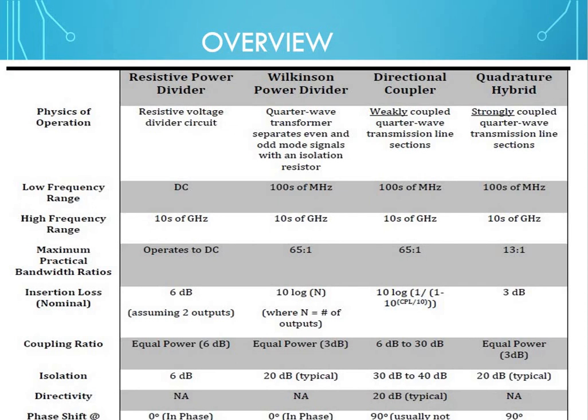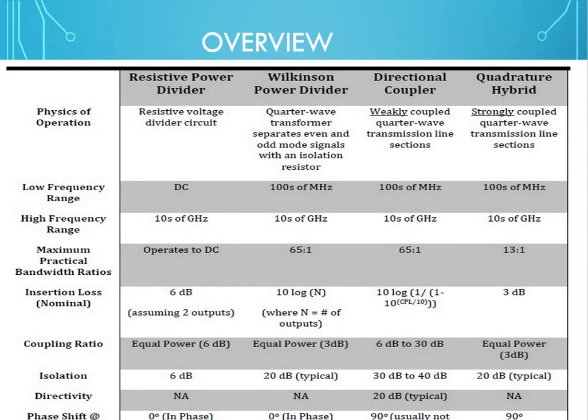Coming to the overview, it gives the comparison of different dividers and combiners along with the directional coupler. Here we compare the resistive power divider, Wilkinson power divider, directional coupler, and quadrature hybrid.